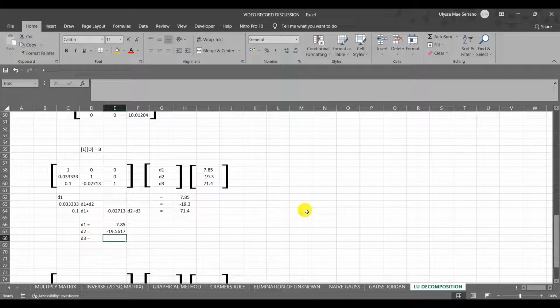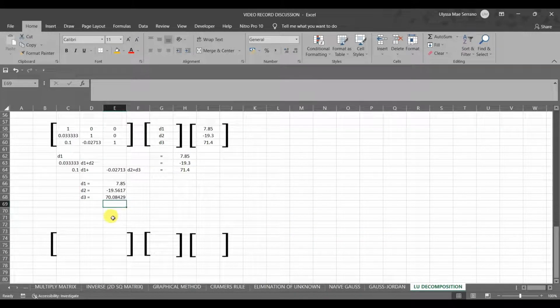So this will be our D sub 2. And for our D sub 3, the right-hand side vector minus the product of the coefficient matrix of D1 times the value of D1 minus the coefficient matrix of D2 times the value of D2, and we were able to find the value of our D sub 3.